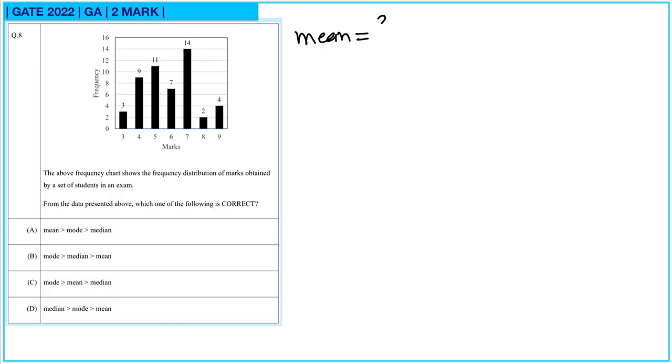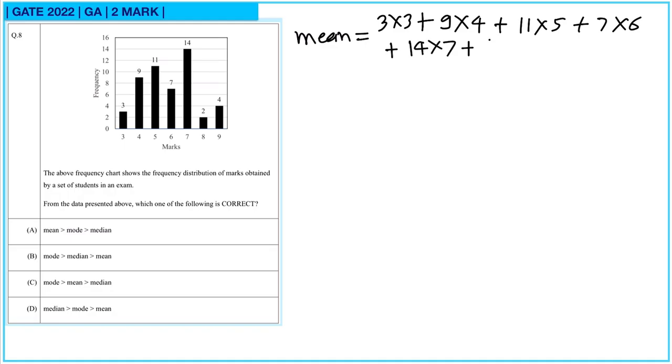So here it will be 3 into 3 plus for the second one 9 into 4, then plus 11 into 5, plus 7 into 6 plus 14 into 7 plus 2 into 8 plus 4 into 9.